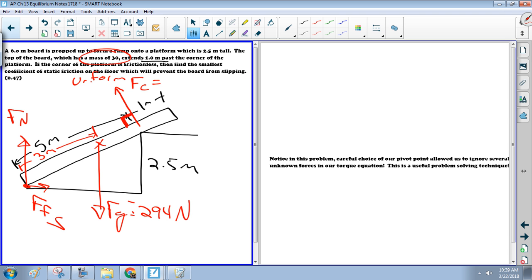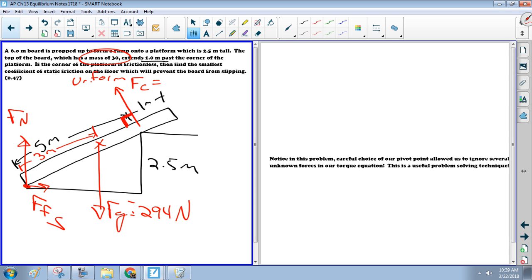All right, and notice the corner's pushing to the left, so friction has to be pushing to the right. Cool? Questions, issues, concerns? All right, so there's your drawing. The setup for this one is very similar to the one we just did.